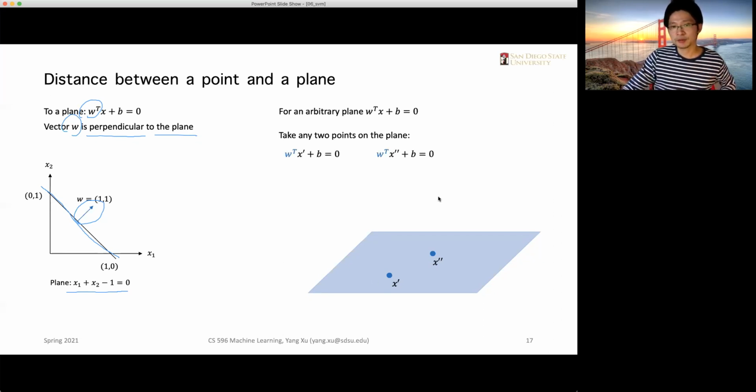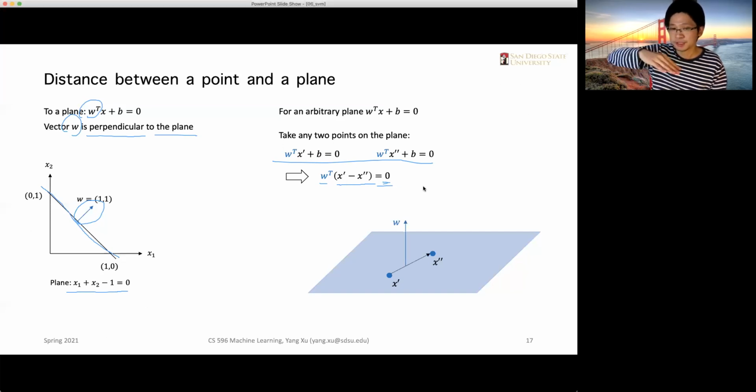We all know that they satisfy the linear expression because they are on the plane, so the linear expression equals 0 for both points. If we subtract the 2 equations, we will have W transpose times (x prime minus x double prime) equals 0.